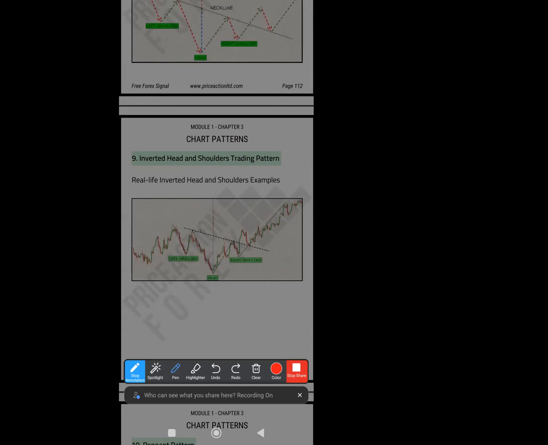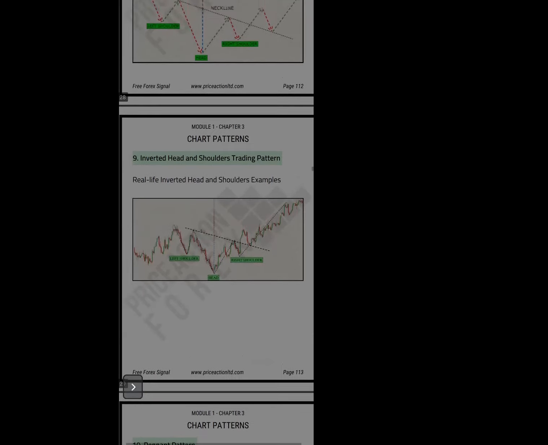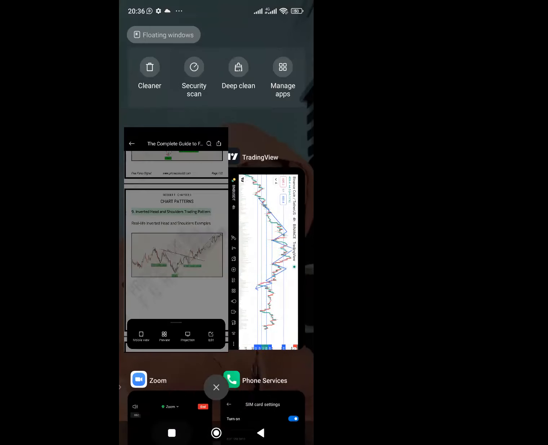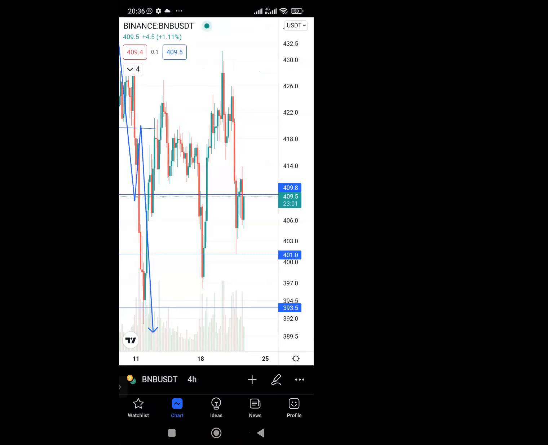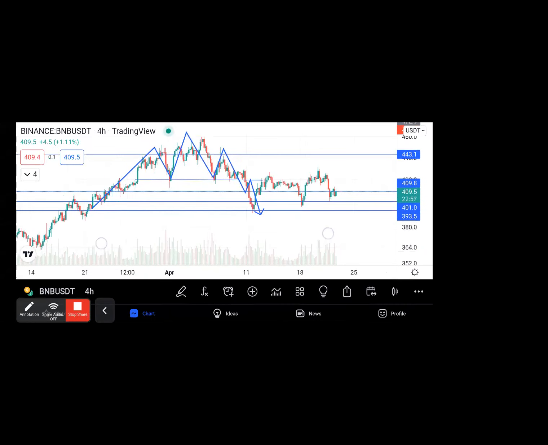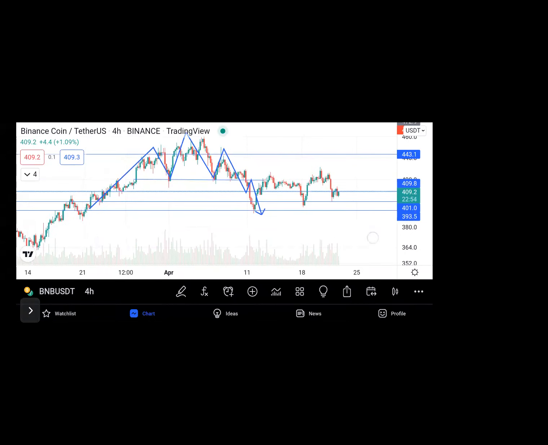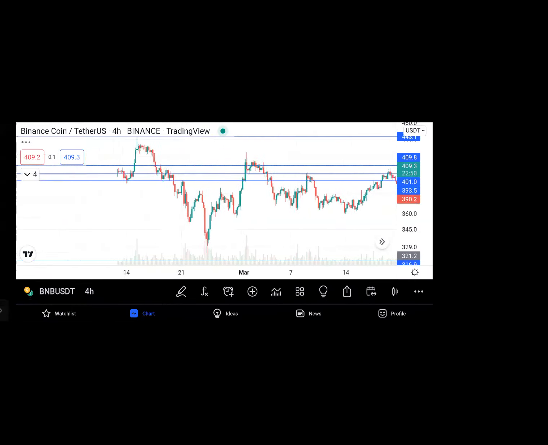All right, let's look into our chart and look for examples to use. Let's see if we can find one on PMB.